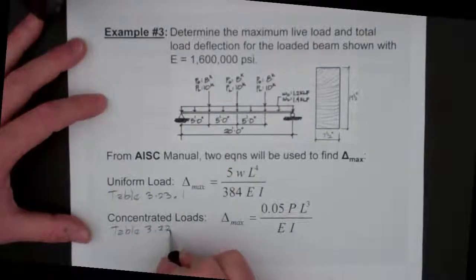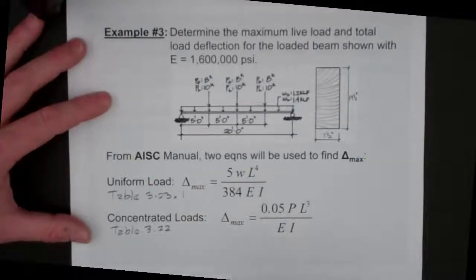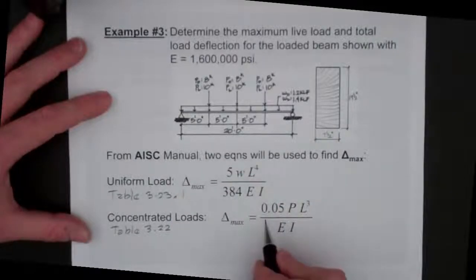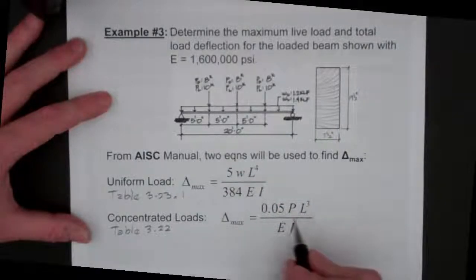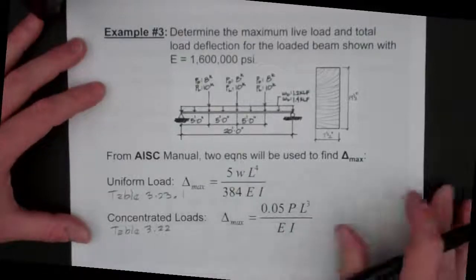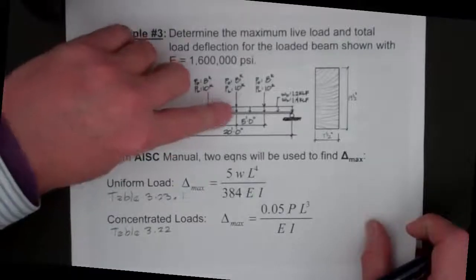So in this particular equation we chose from 323, we know that it has a constant little e of 0.05. So our deflection equation for these loads would be 0.05 times P times the length cubed all over EI. So now we can use the equations added together to find the total deflection.